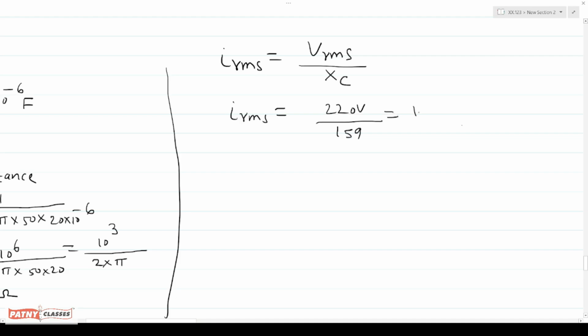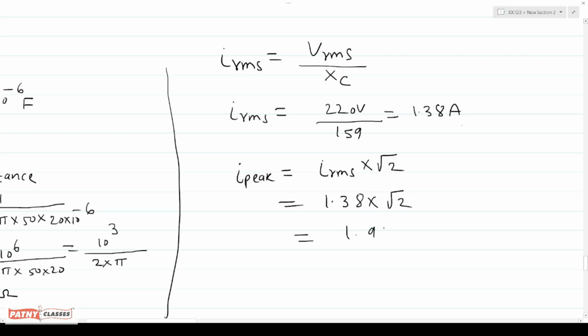This equals 1.38 amperes. Now we need to find the peak current. Peak current is given by Irms multiplied by root 2. So that equals 1.38 multiplied by root 2, which equals 1.95 amperes.